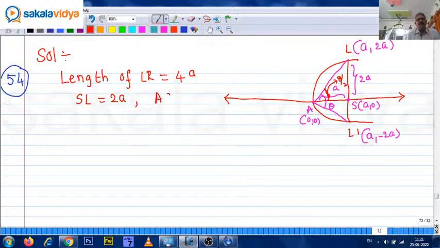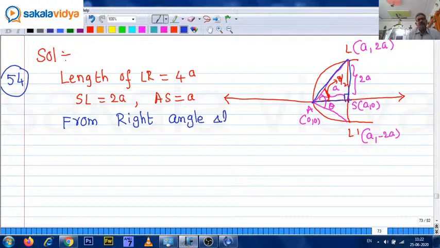Now AS, distance from origin 0 comma 0 to A comma 0, that is A. Now you take this right angle triangle, triangle ASL, define tan theta by 2.